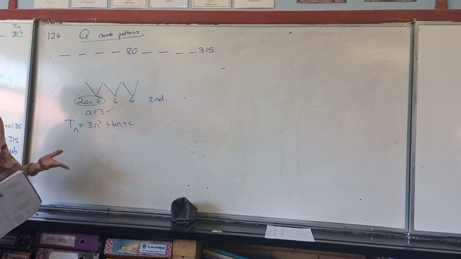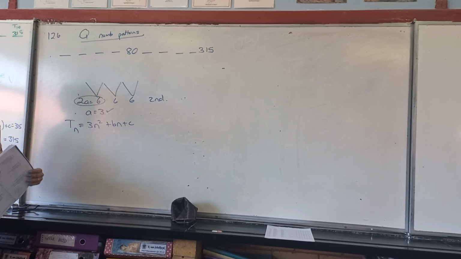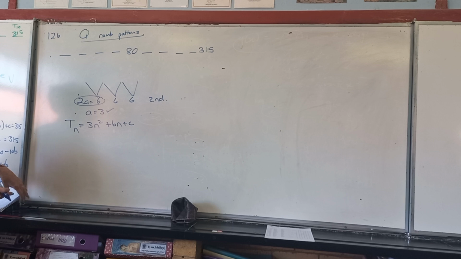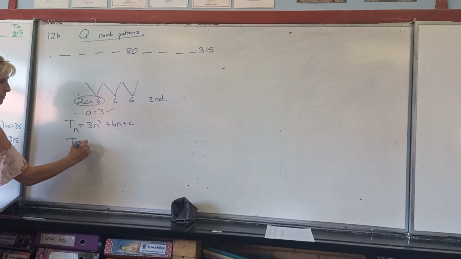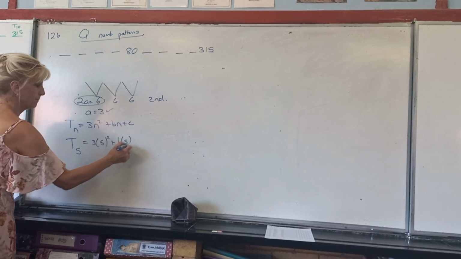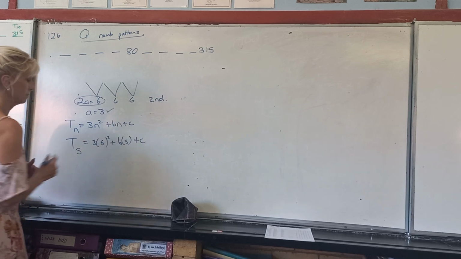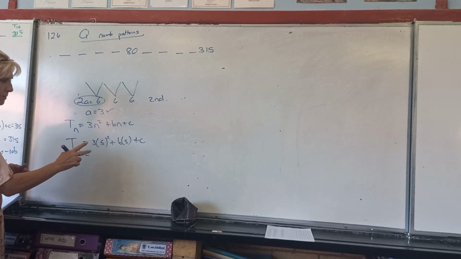So I still have to go find b and c. But what's the other information I have? Because there's nothing else to do with the 6. What is 80? Term number 5. How am I going to use it? Term number 5 will mean I substitute every n with a 5. But then I've got an expression with 2 variables, but it's more than that.